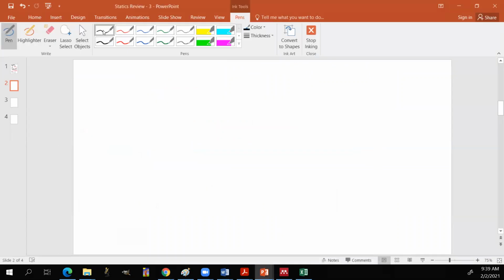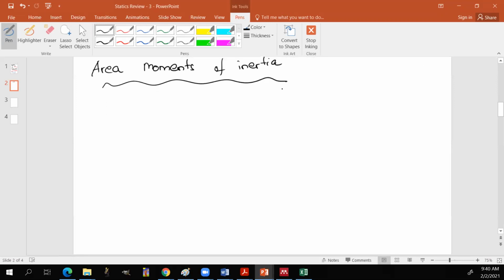All right. Next thing we're looking at is the area moments of inertia. All right, and we're going back to the general XY coordinate system. I'm not going to draw it out. So you have the moment of inertia about the x-axis.